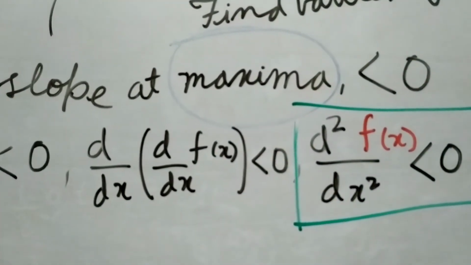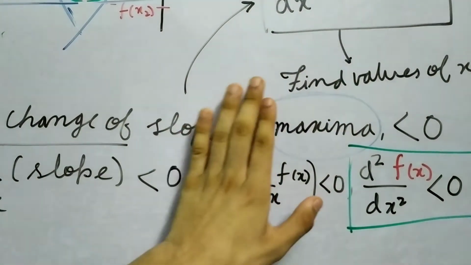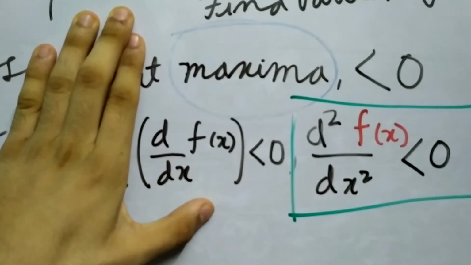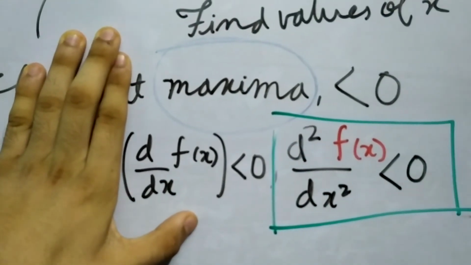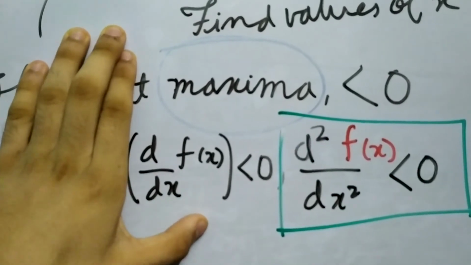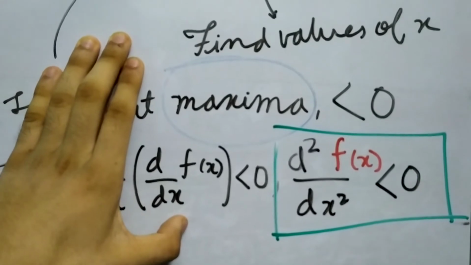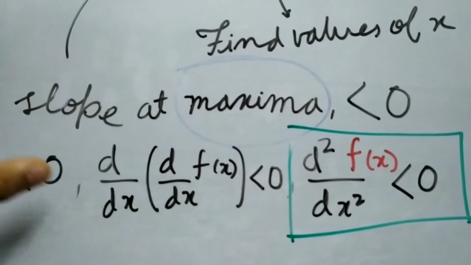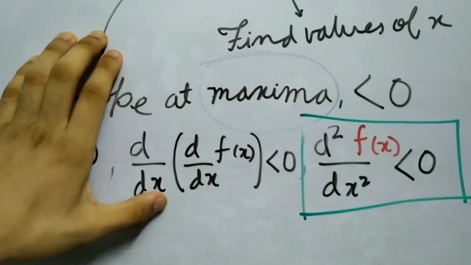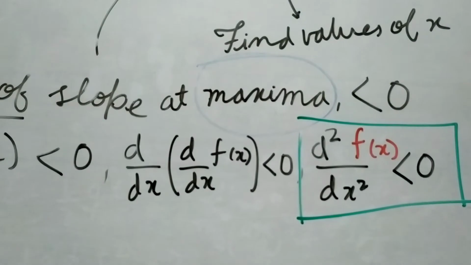Now how to evaluate this? First you have f of x. You take its derivative with respect to x, d by dx of f, and then you get a function, some function. It may be a constant, and then you differentiate it again, and if this is lesser than 0, you get a maxima.